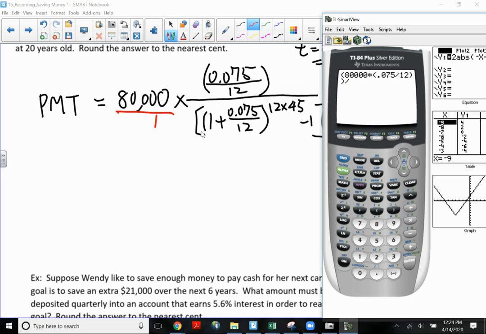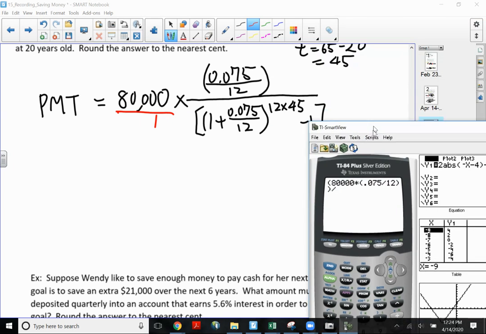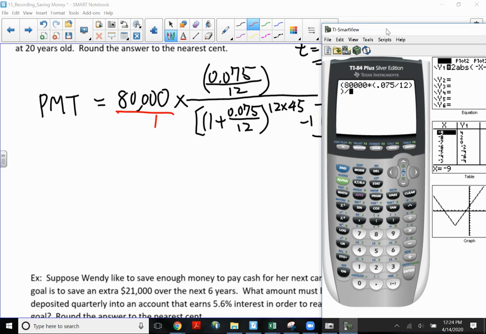Now I'm going to divide it by the bracket, which is going to be a parenthesis. Open another parenthesis for the 1 plus 0.075 divided by 12 and close parenthesis, exponents.